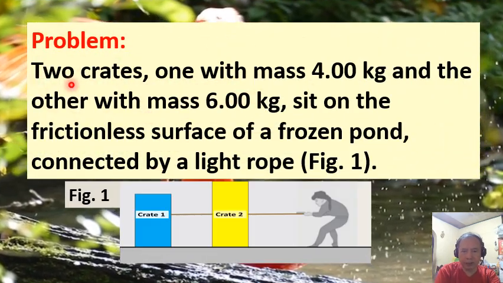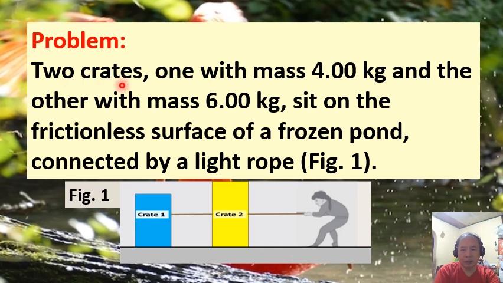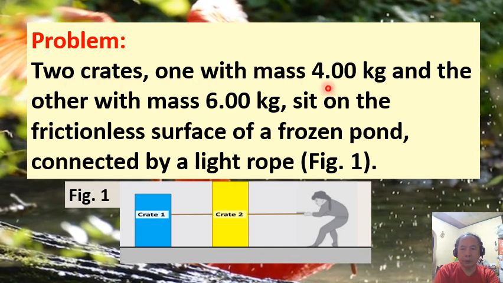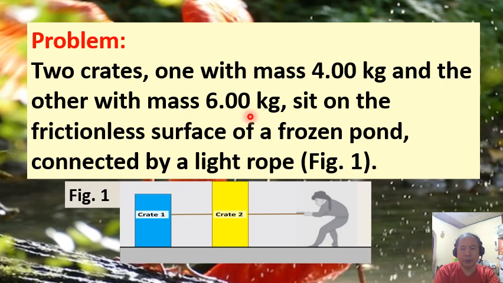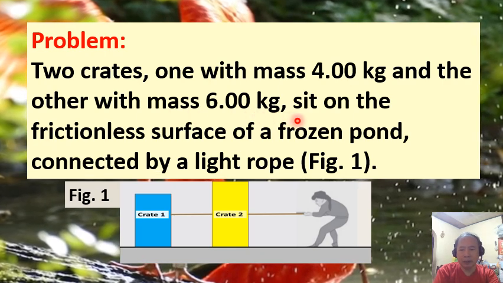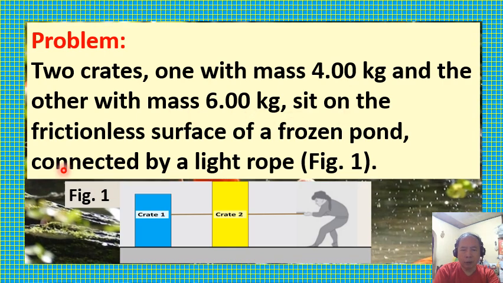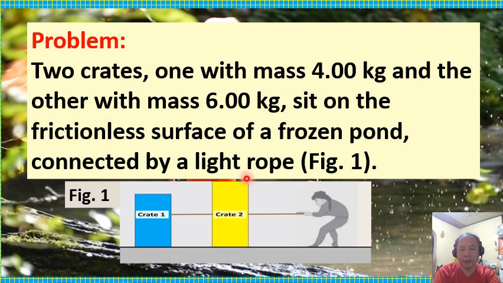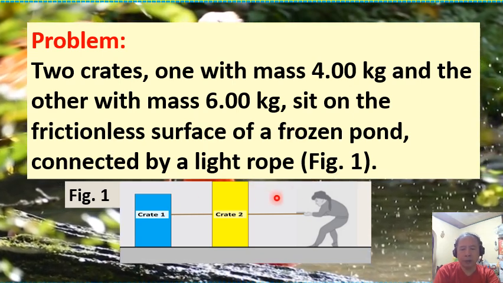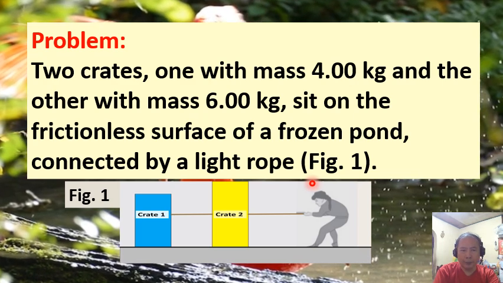The problem is two crates, one with mass 4.00 kilograms and the other with mass 6.00 kilograms, sit on a frictionless surface of a frozen pond connected by a light rope as shown in figure 1.